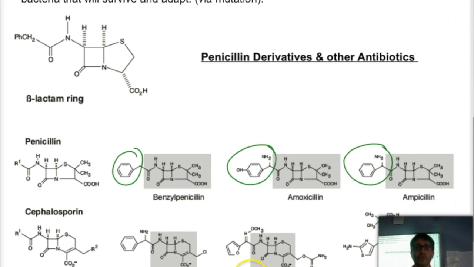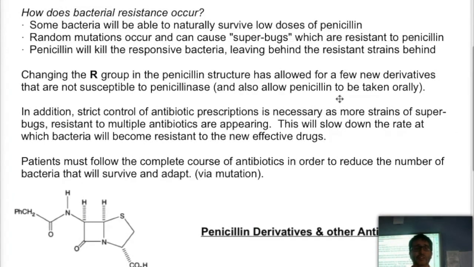So ways to decrease resistance is to have a much stricter control on antibiotic or antibacterial prescriptions, not to use it on animals or other things, and to require patients to complete the course of antibiotics in order to reduce the number of bacteria that will survive, and the fact that we are going to be keeping only the resistant strains.